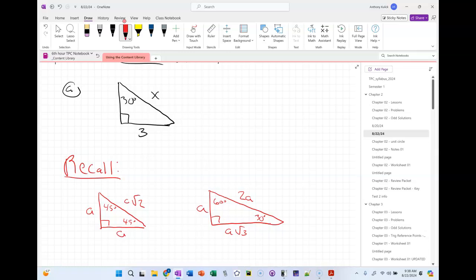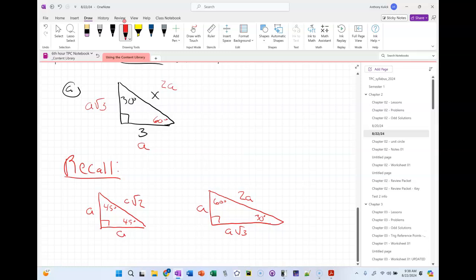If I look at the triangle in example A here, what kind of triangle do I have? Yeah, that's a 30, 60, 90, right? If I have 30 and 90, the other angle must be 60. So I know that the ratios for that 30, 60, 90 triangle have to be the same. Opposite the 30-degree angle, that's the A side. Next to the 30-degree angle, that's the A root 3 side.